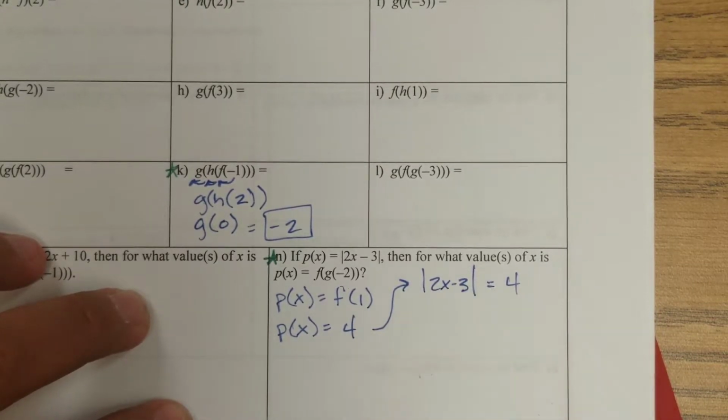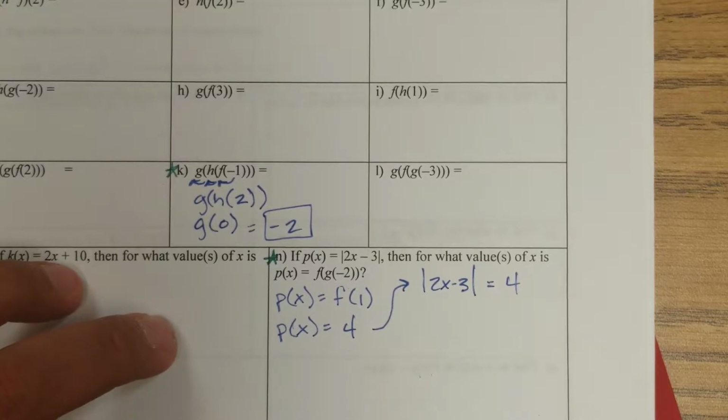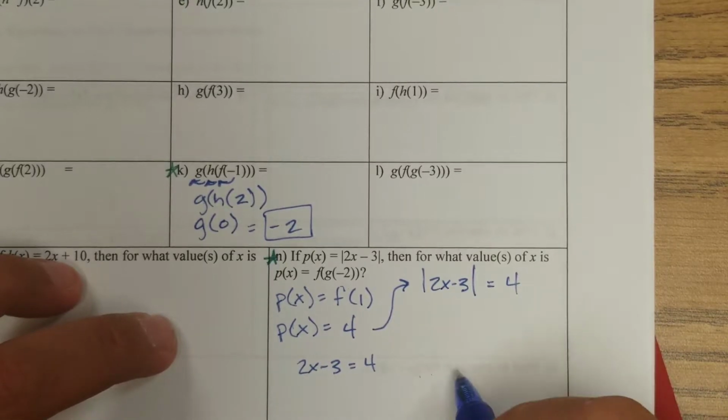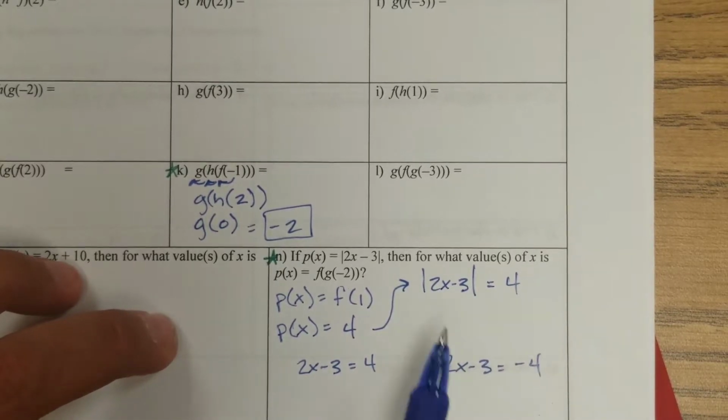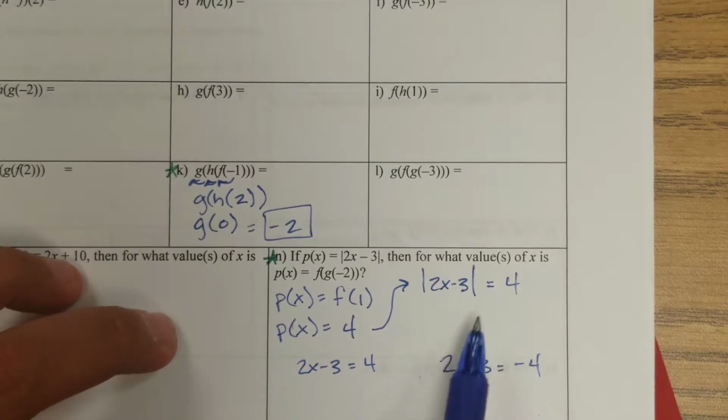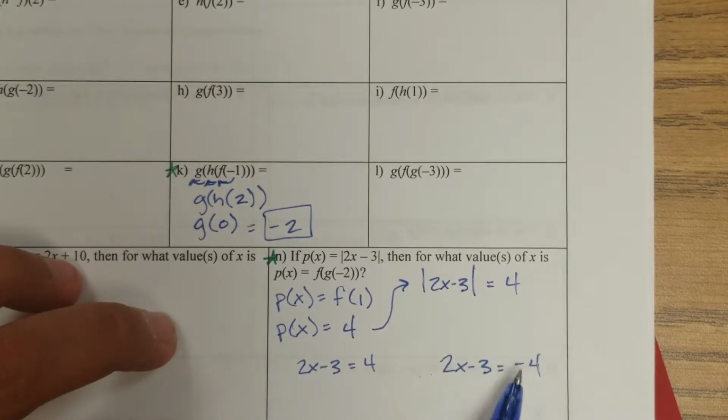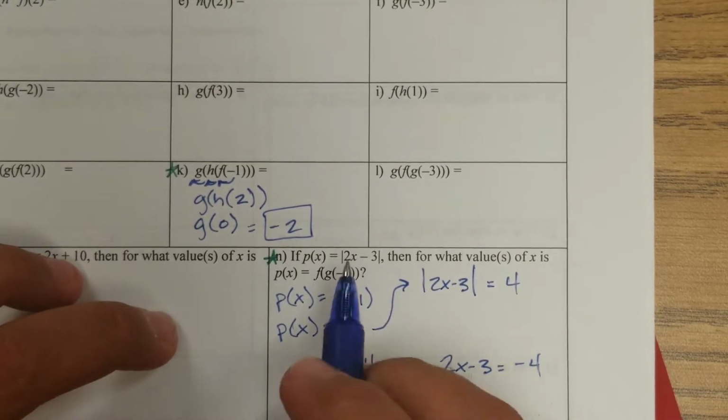If I'm going to drop those absolute value bars, then what I want to do is take that 2x minus 3, set that equal to 4, and then do it again and set it equal to negative 4. That's what absolute value tells us. We can get a 4 in here. We can also get a negative 4 in here. And either one of those will be a true statement. So set it equal to 4. Also set it equal to negative 4. And then we solve.